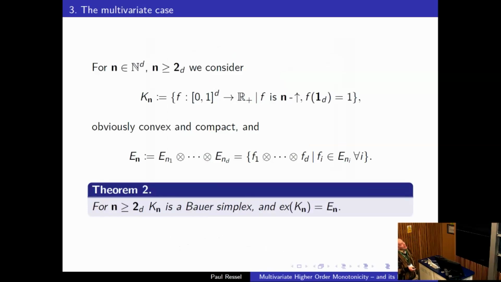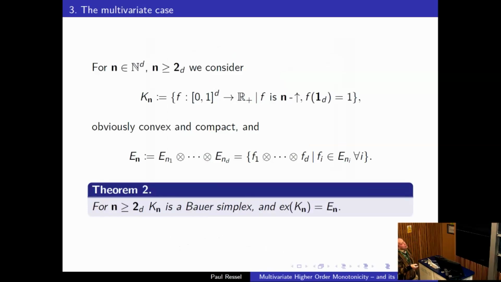Okay, for n in the set of positive natural numbers, at least 2. So 2d is just the vector 2, 2, ..., 2, a 2 in every component.